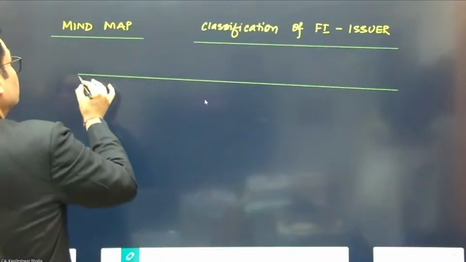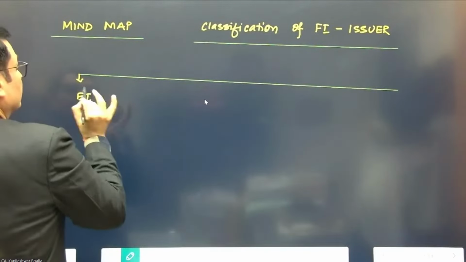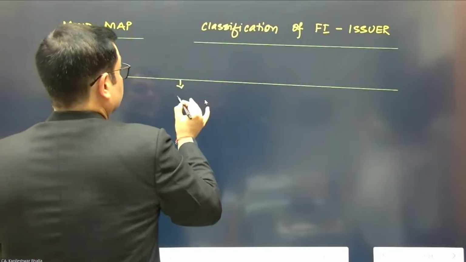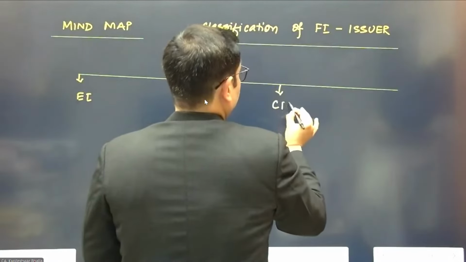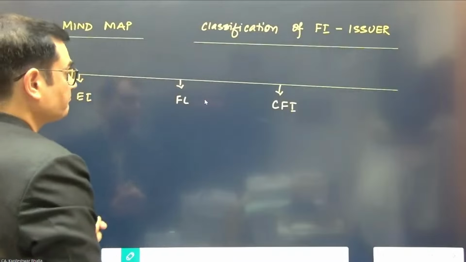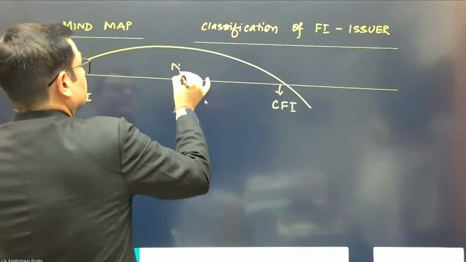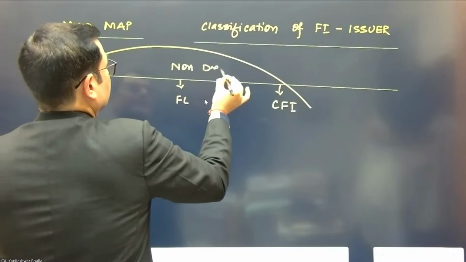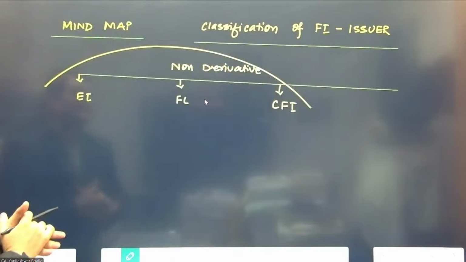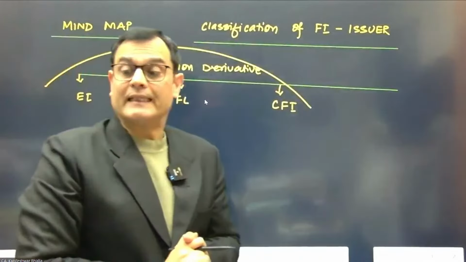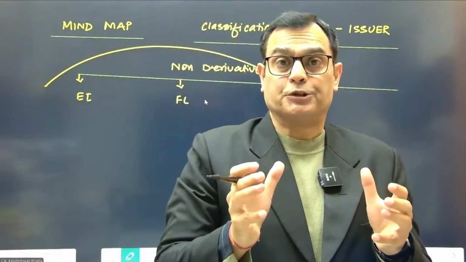So one is that based on the three-step model, you decide it is supposed to be an equity instrument, or you decide it is supposed to be a financial liability, or you decide it is a compound financial instrument. Effectively, in these three cases, we are saying that it is supposed to be non-derivative in nature.